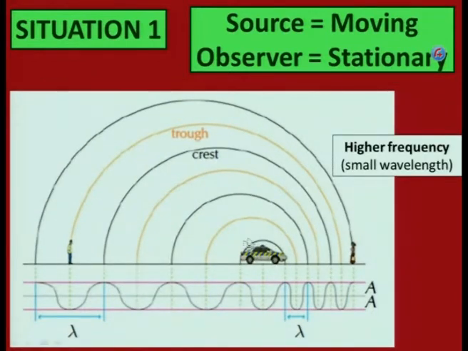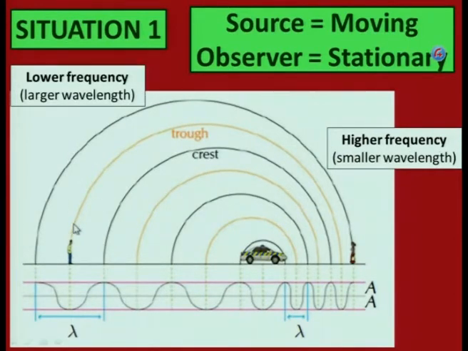When the police car with siren starts moving, it pushes the waves together, making the wavelength smaller, and therefore you have a higher frequency. So this lady would hear a higher frequency, while this man here, where the waves got a bigger wavelength and therefore a lower frequency, would hear a different frequency.